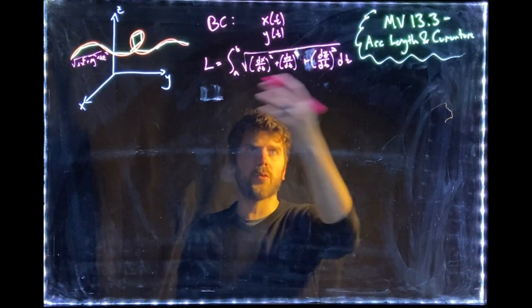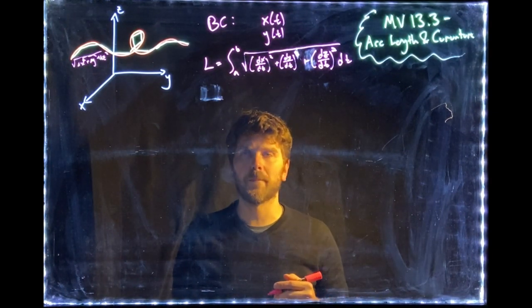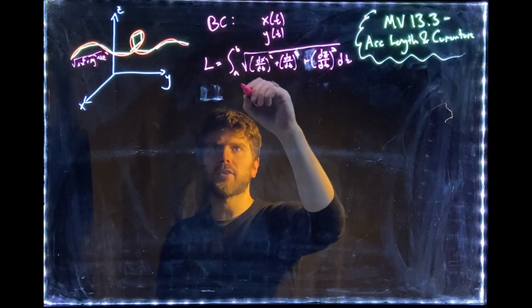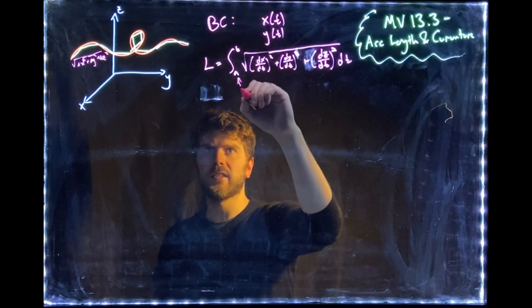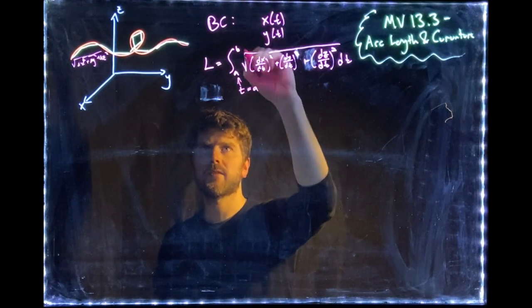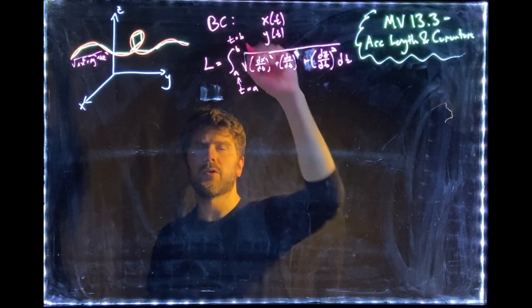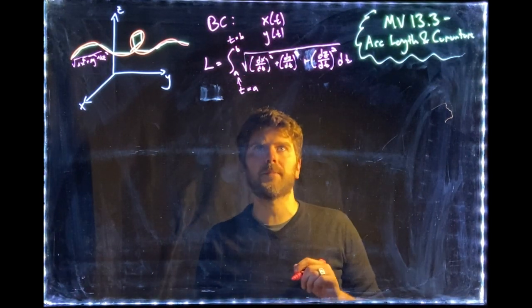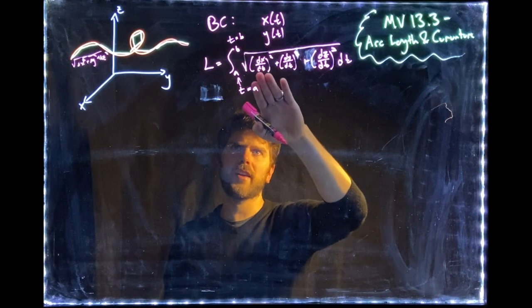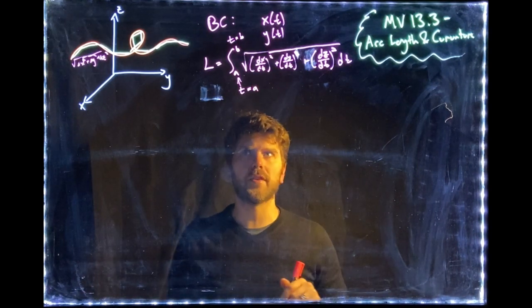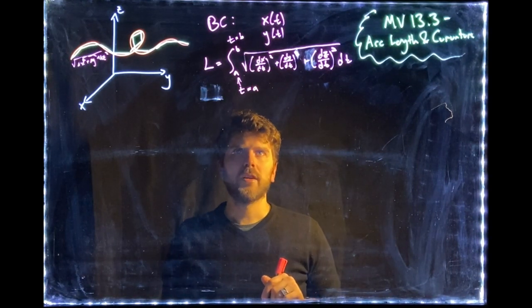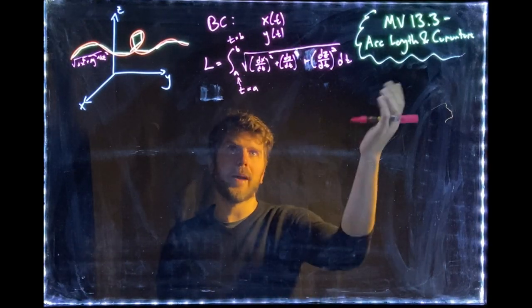Now, there are a couple of things I want to note about this integral before we do one. First of all, the bounds of the integral, a and b, are in t. These are in our parameter space, from t equals a to t equals b. The other thing you might notice is that we've got an x derivative, a y derivative, and a z derivative all squared. This actually looks like the magnitude of a vector.